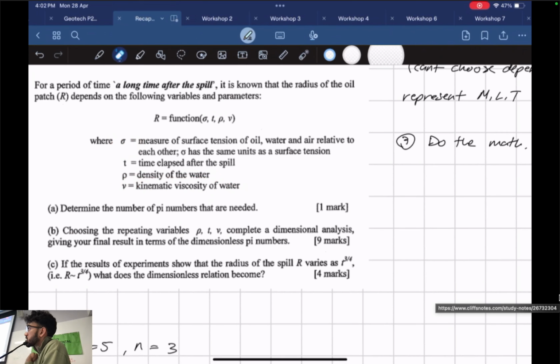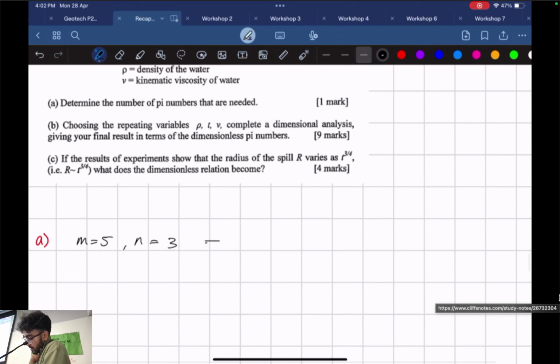N is dimensionless parameters, set 3. So therefore, how many pi groups? Two pi groups, good. So you do m minus n.